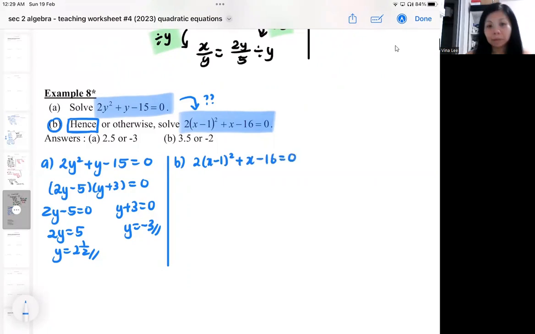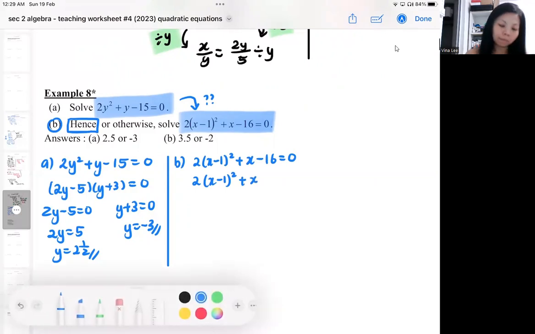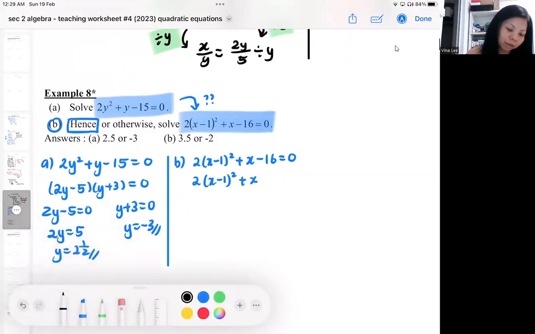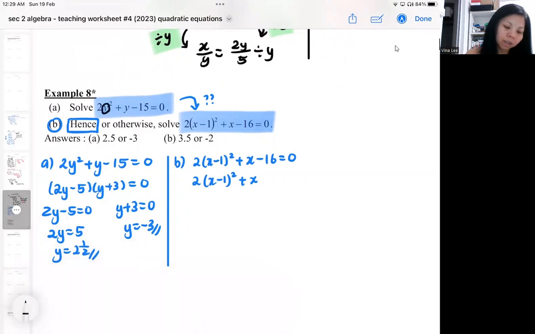This is the difficult part. Before I manipulate, I would like to share this idea first. At first glance, I'm guessing that the y is changed already to x minus 1.